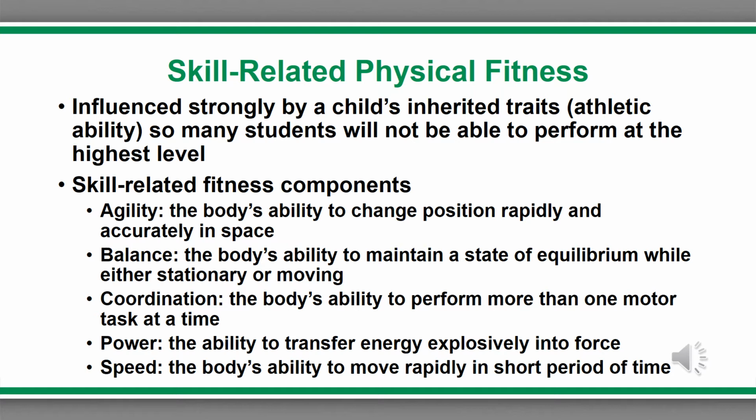Then speed, the definition of speed is the body's ability to move rapidly in a short period of time. You may have had a short distance to run to see how fast you were. So the 5 components of skill-related fitness are agility, balance, coordination, power, and speed.